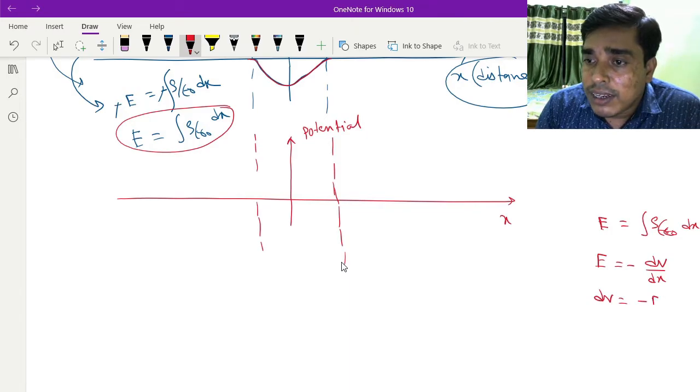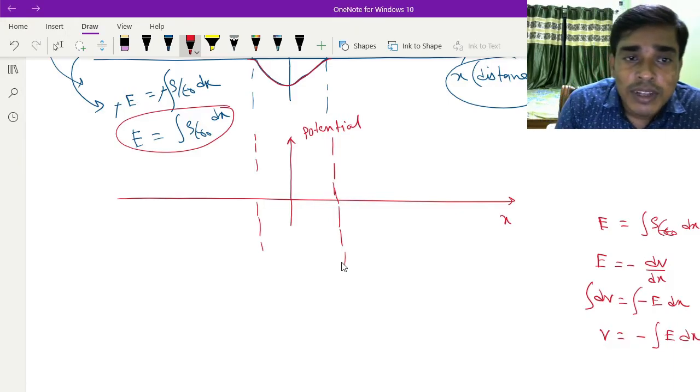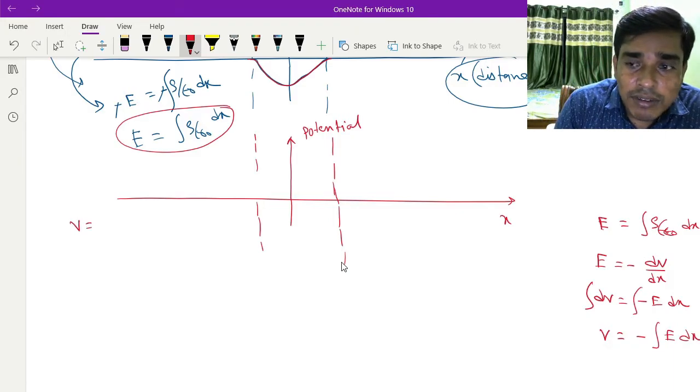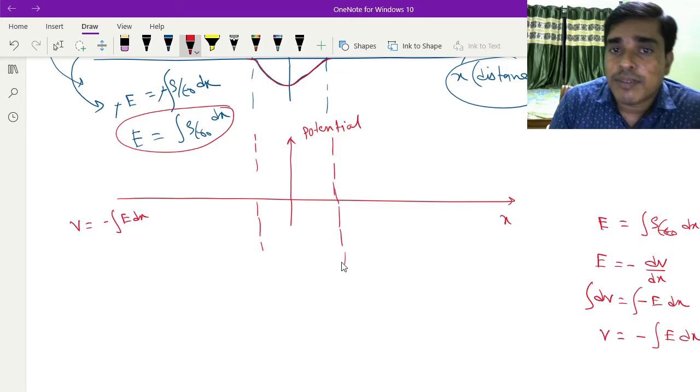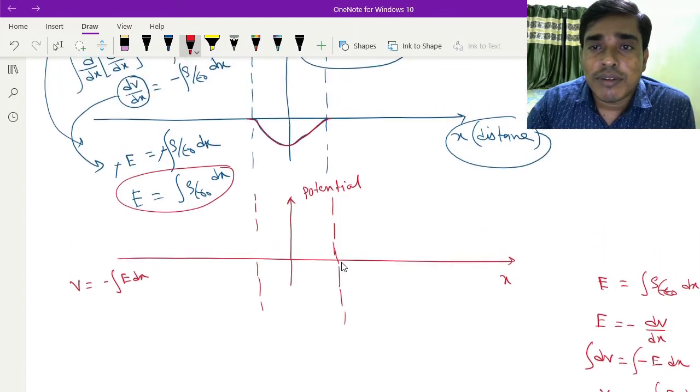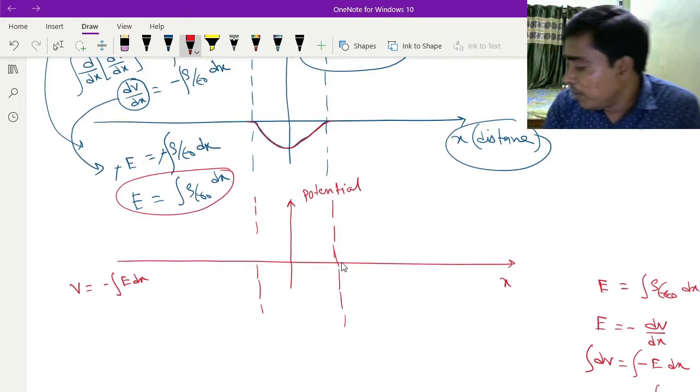So dv equals minus E dx. If I integrate both sides, then potential equals minus integration of E dx. So through this formula, we can write V equals E dx. So what will be the change of potential?